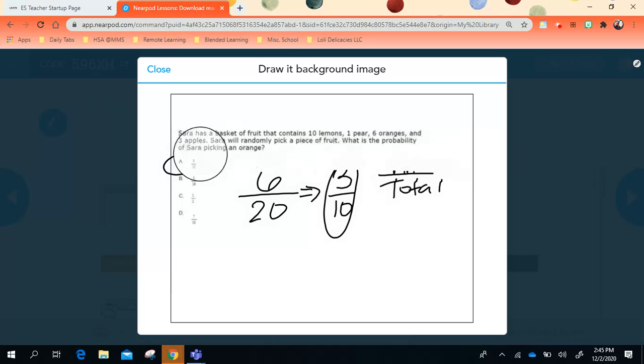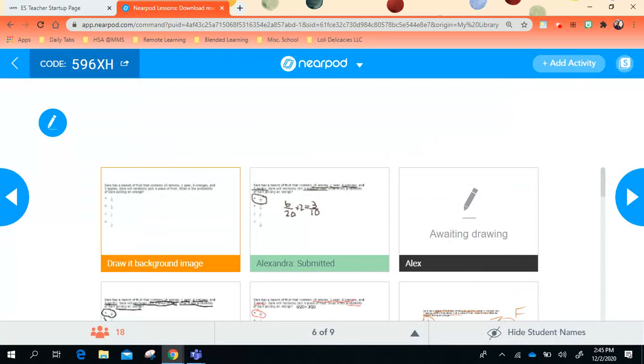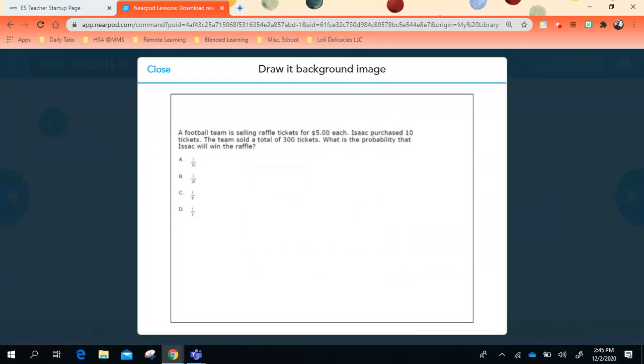So we're going to look at the next one and you're going to do the same thing. Go ahead and I'm going to read it the first time, then you're going to read it the second time to yourself and underline and find your probability. Hint, there is some information in here that you will not use.